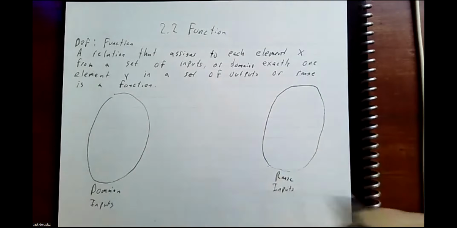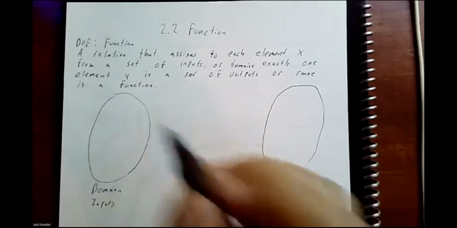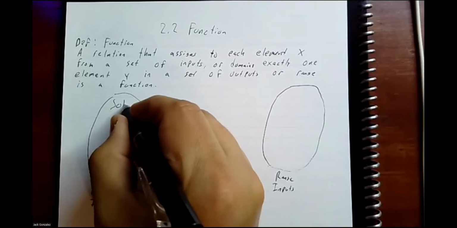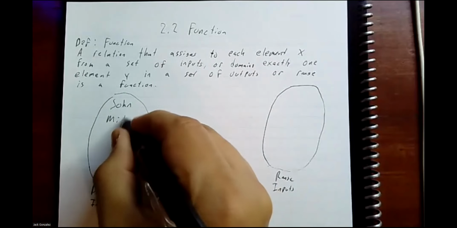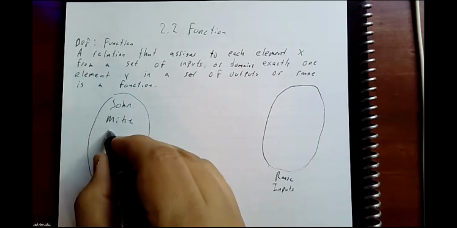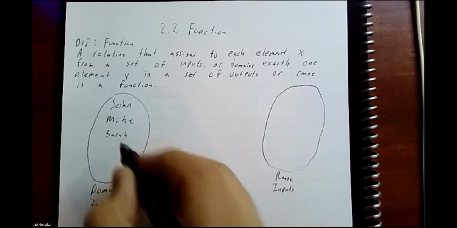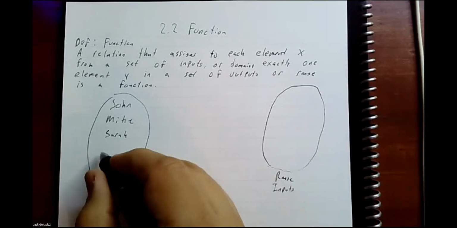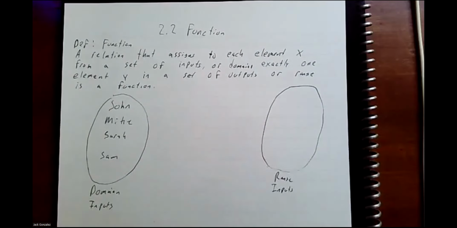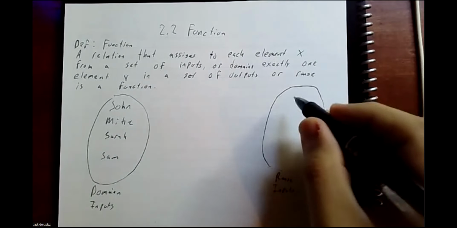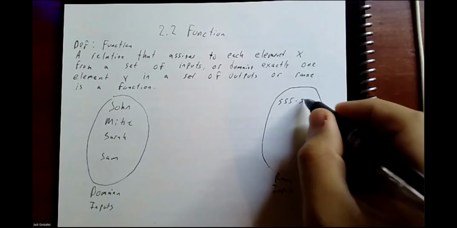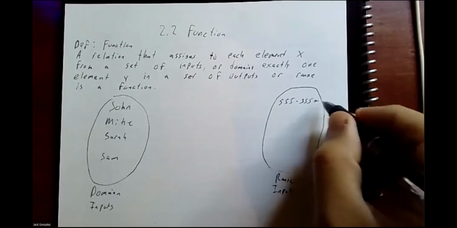The easiest one is like, let's say, John, Mike, Sarah, Sam. Now, let's say all these people have some phone number. I'm just going to make up some numbers here. These numbers do not matter. You can write whatever you like.